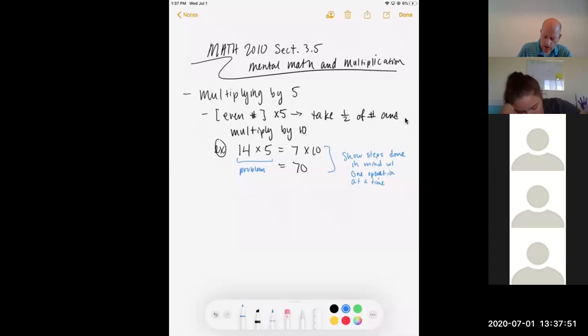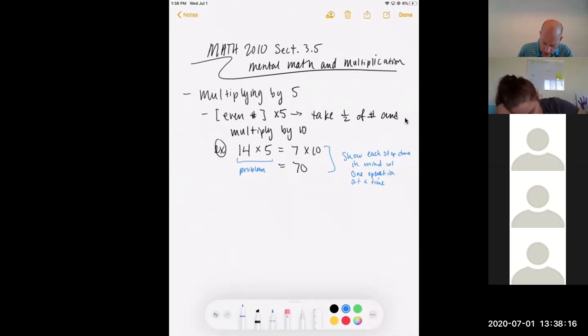Okay, show each step. That's what that really means, show each step. Okay, and they do this as a series of equations. So I'll model this more as we go on.